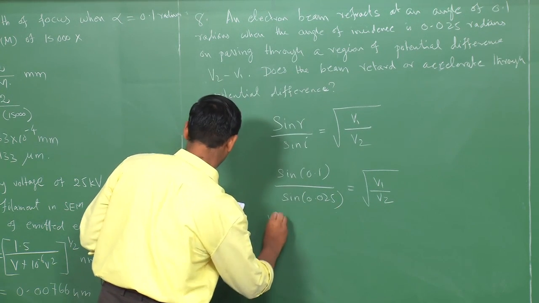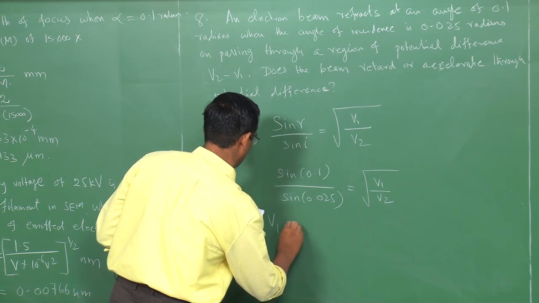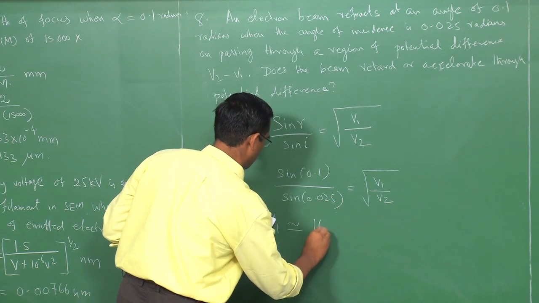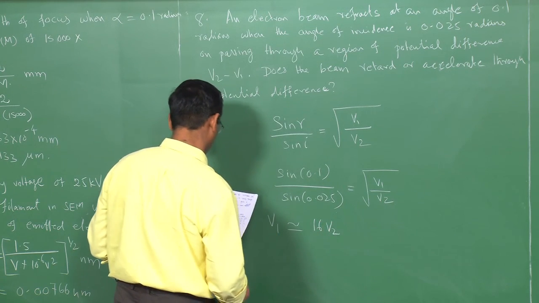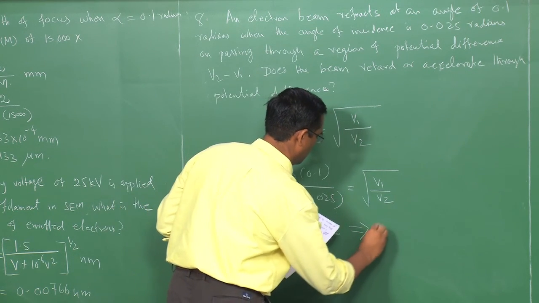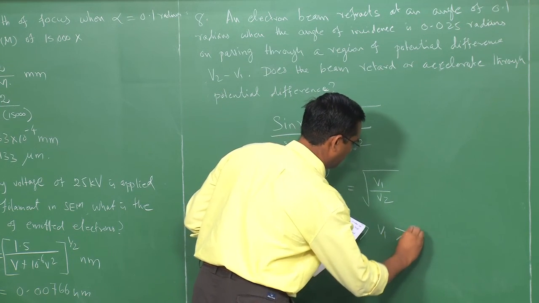So, you get V1 is approximately equal to 1/6 times V2, that is V1 is greater than V2.